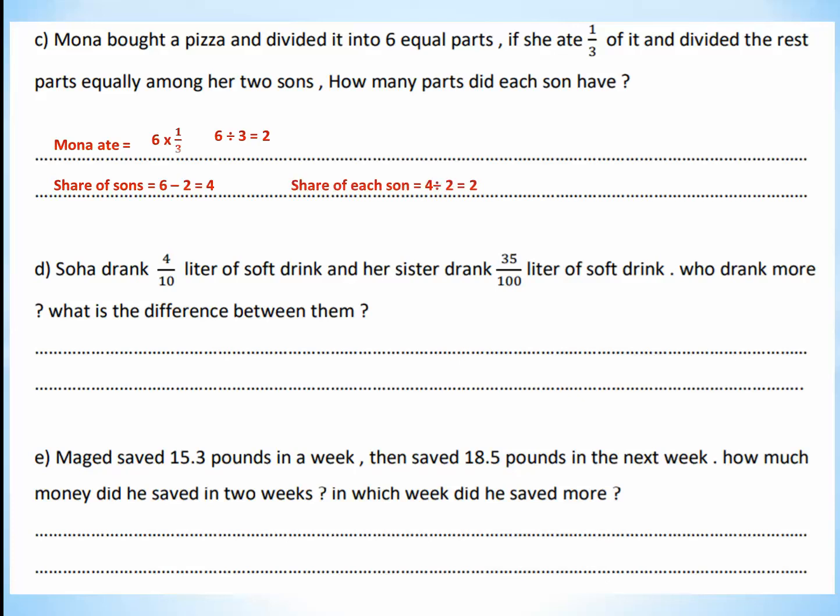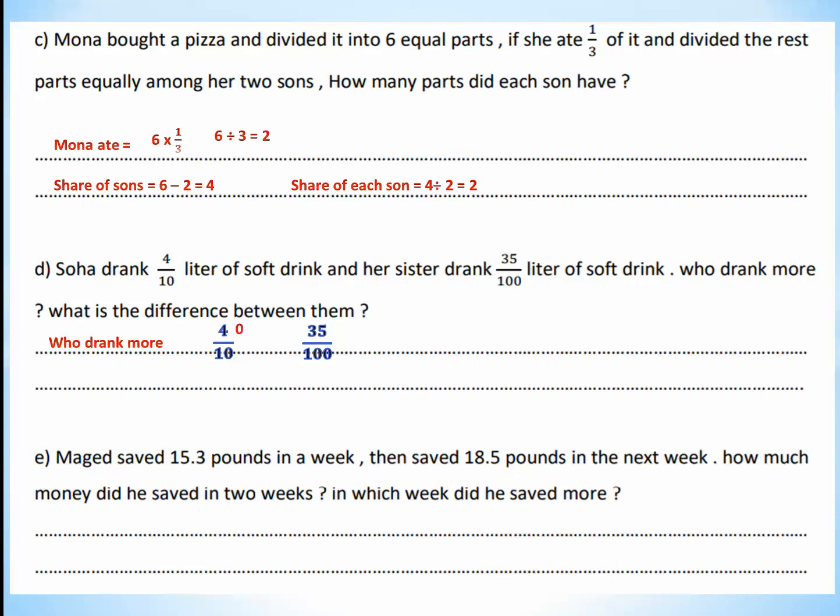Soha drank 4 over 10 liters of soft drink, and her sister drank 35 over 100 liters of soft drink. Who drank more? Okay, let's see. 4 over 10 or 35 over 100. We must make the denominators equal.